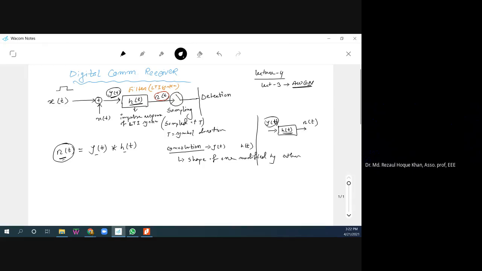For example, the shape of y(t), which is the input here, will be modified by h(t). The output is the convolution.